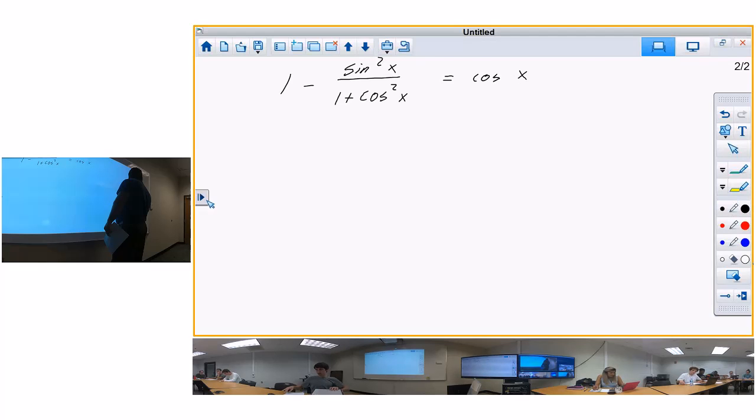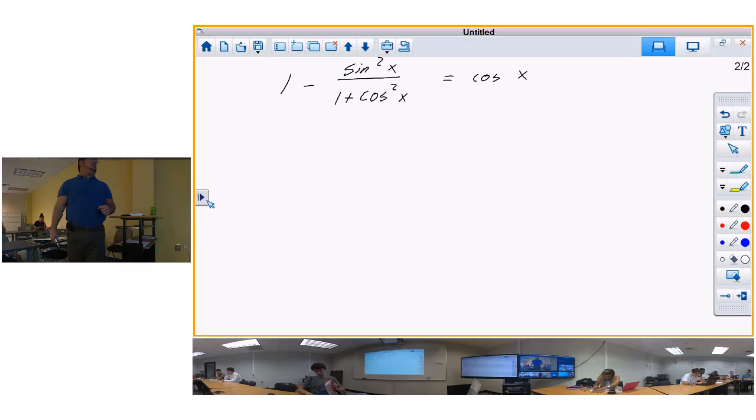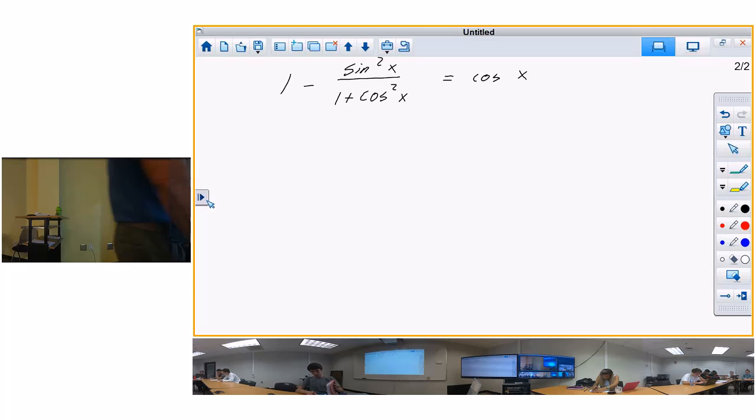So go ahead and see what you would do. Of course, you'd use the conjugate, because the conjugate is like staring you right in the face right there with the 1 plus cosine squared. So we're going to use the conjugate. I'll give you the next step, and then after that, you do it.